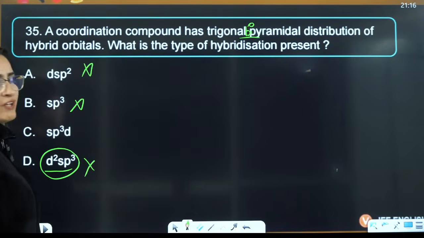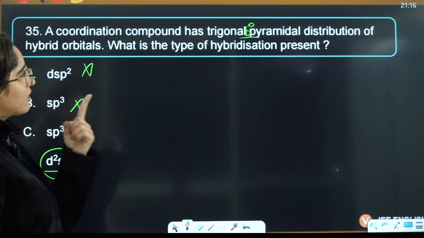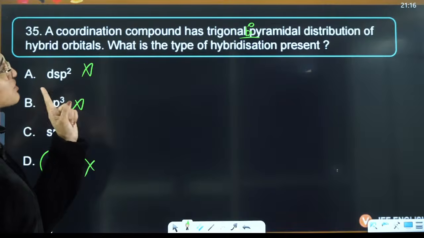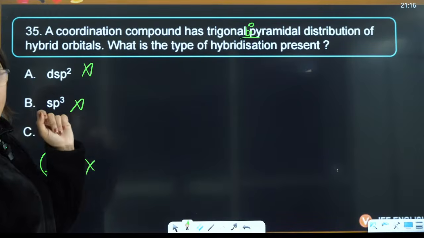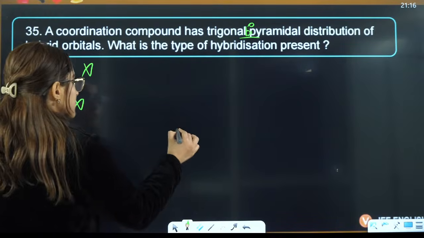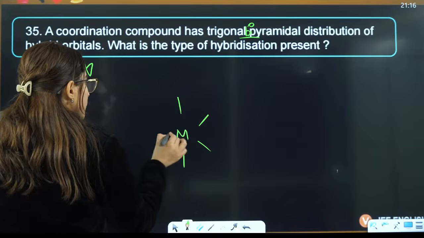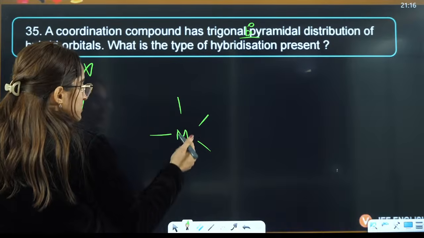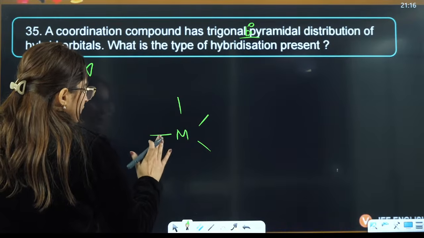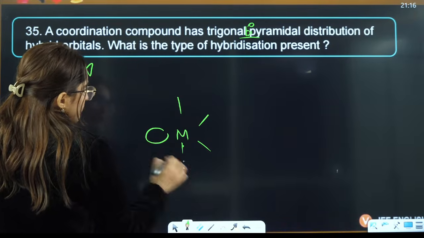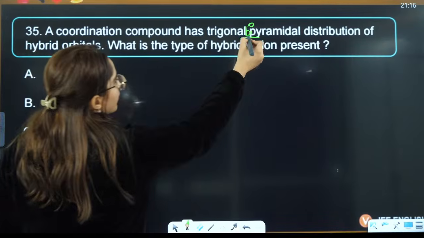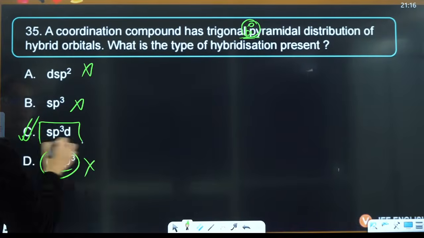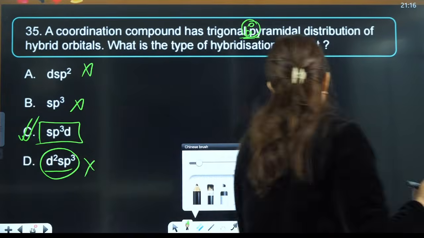Even if it is pyramidal, that means one of them is a lone pair. Trigonal bipyramidal is like this. If you put the lone pair here, it will be a seesaw. No. So it should be bipyramidal only. Then the answer will be sp3d. D is the correct answer here.